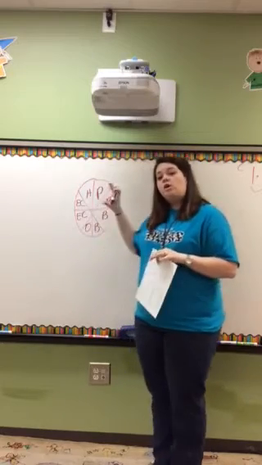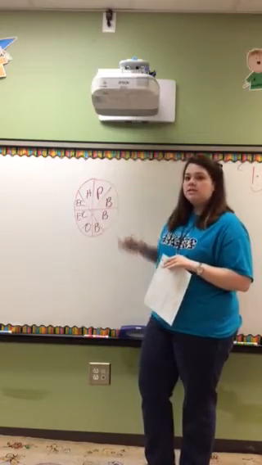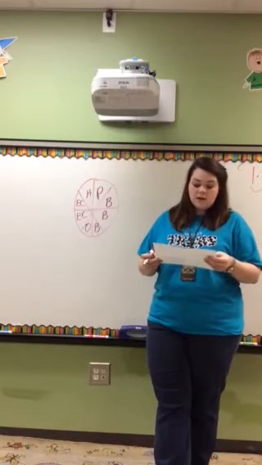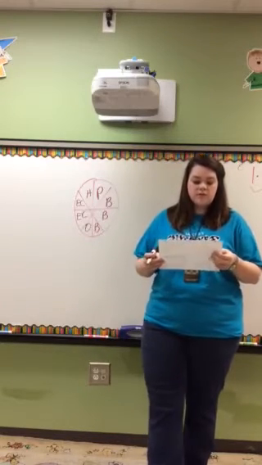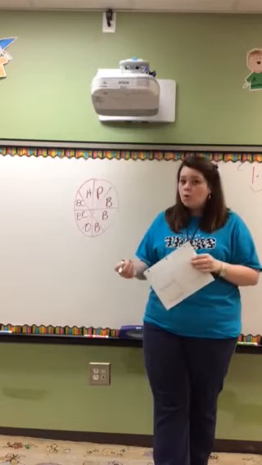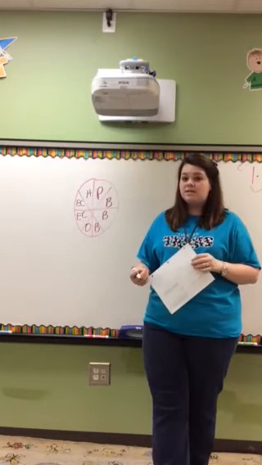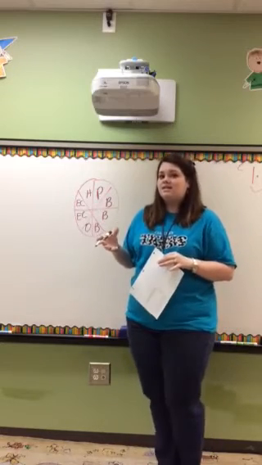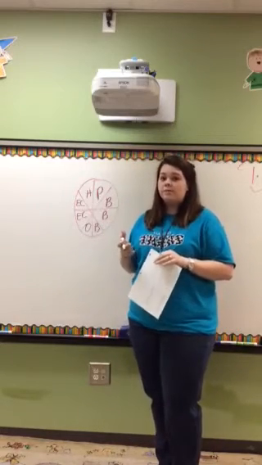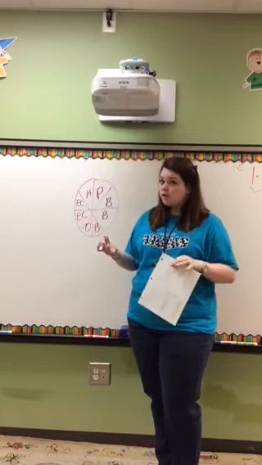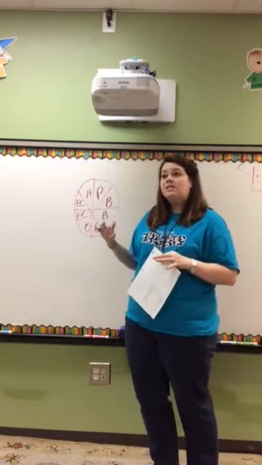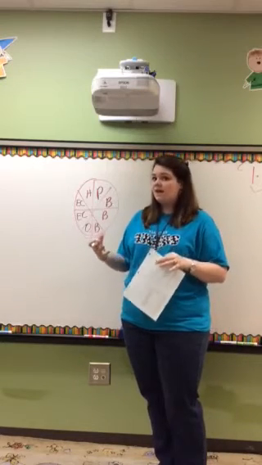Now, once you know what the problem has told you, you need to decide what it is that they're asking me to do. And in this problem, they're asking which 2 sections together make up more than half of the pizza. Well, since I know my pizza has 8 slices, I know half of 8 would be 4. The question though asks which 2 types would make up more than half.